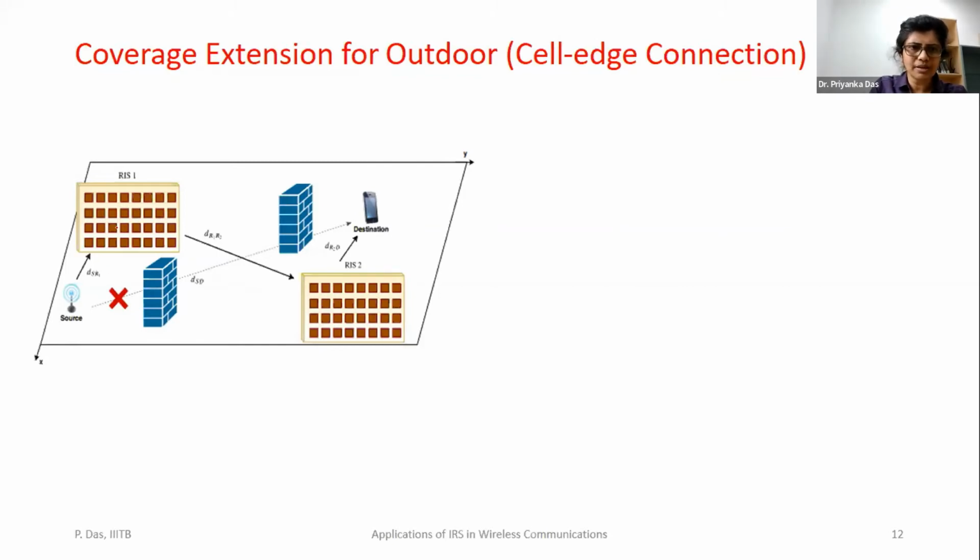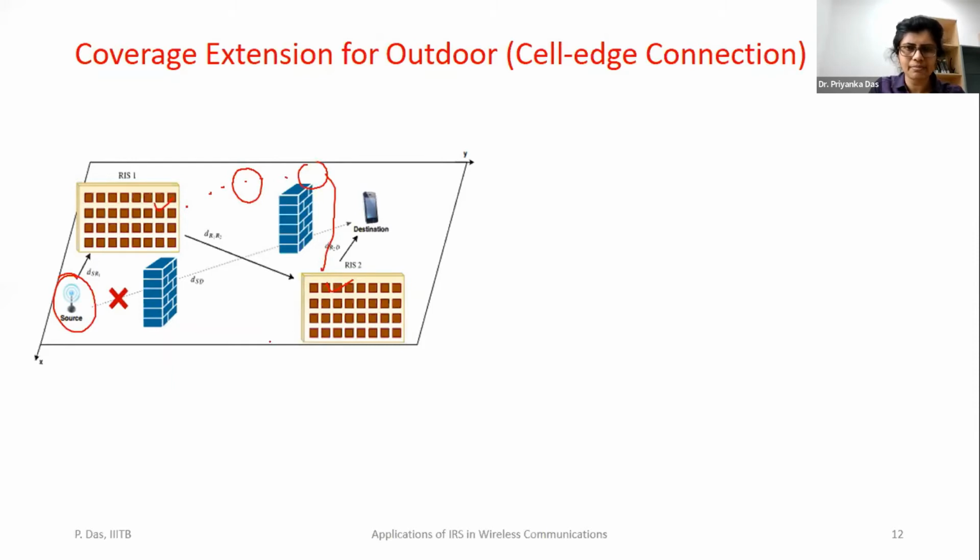Can you do something very simple? You put one IRS close to the source and one IRS close to the destination, and there might be a direct path from IRS to IRS. These are also hops. If you do not have that, you may have to use another IRS, and finally coming to this.